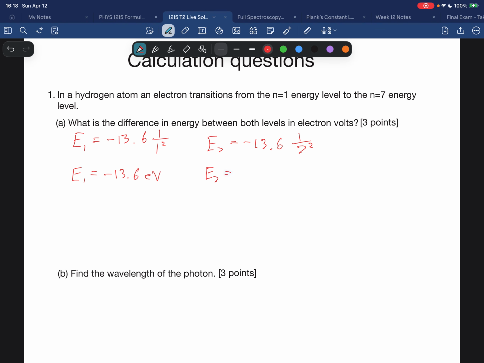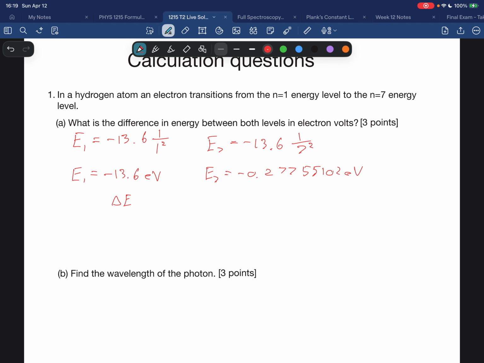And for this one over here, I'm going to keep a bunch of decimal places here. And this is also in electron volts. Now I'm looking for the difference.